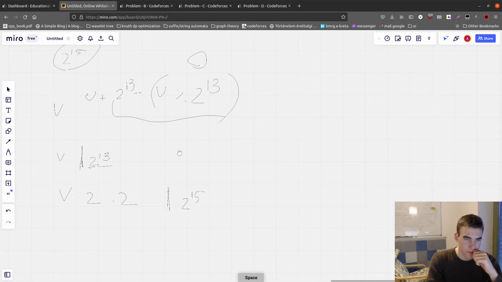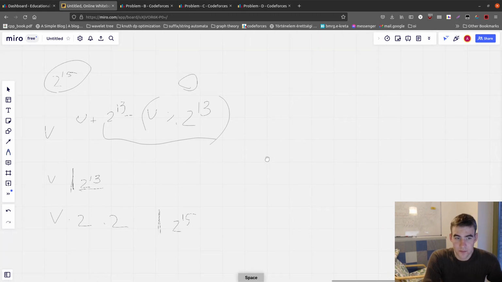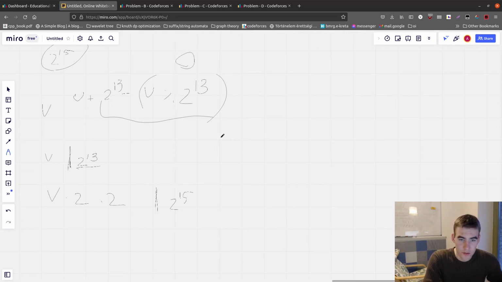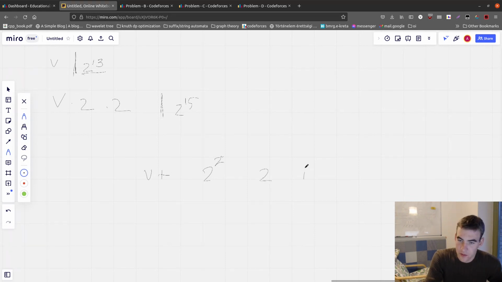And this way we can check for each power of 2. For each power of 2, what we can do is we increase v one by one until v is divisible by 2 to the jth, and then we multiply v by 2, 15 minus j times.